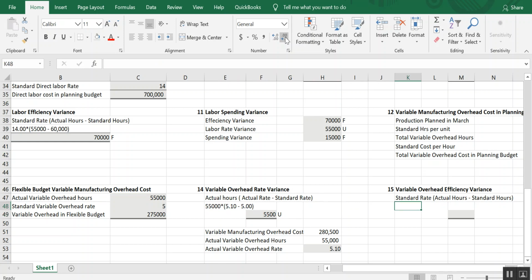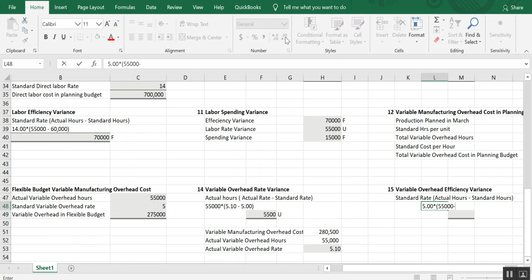And then last, we have the variable overhead efficiency variance. This is going to be very similar to what we did when we were calculating the labor efficiency variance. The standard rate is $5 per hour. So we have $5 times the actual hours, which were 55,000.